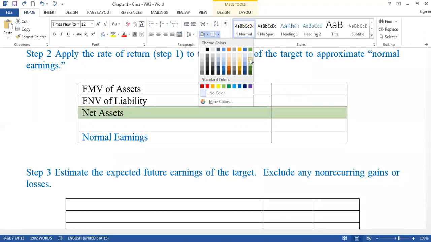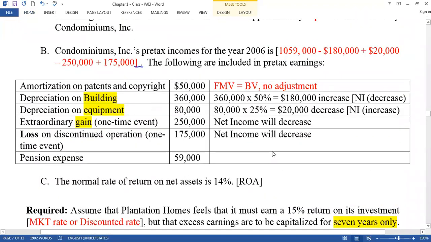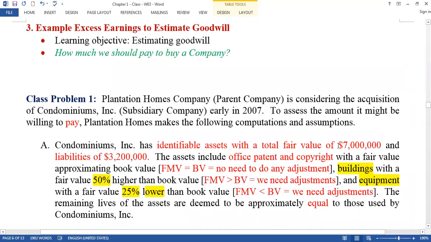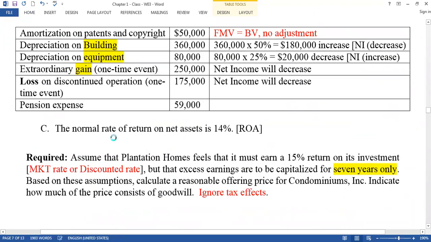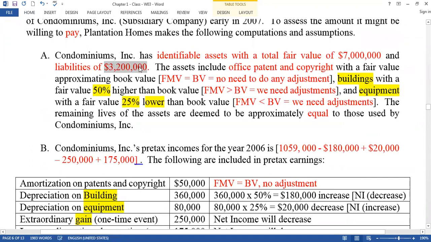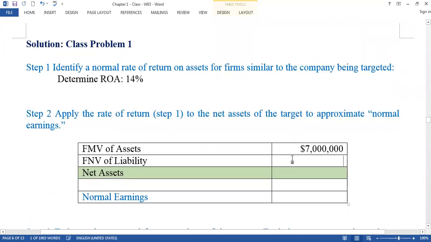So I make it color. We can copy and paste from the question. Fair market value of assets is given, $700,000. Then the fair market value of liabilities is given. The net asset is asset minus liability.